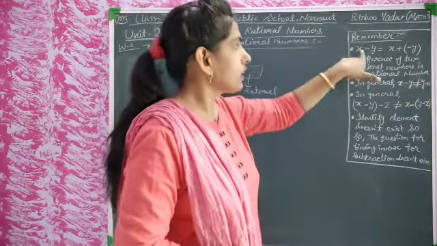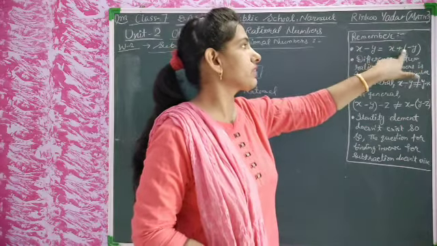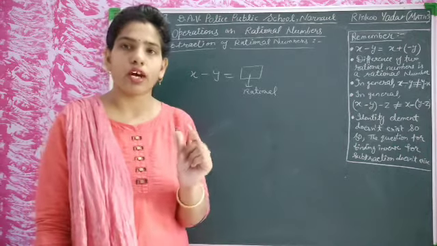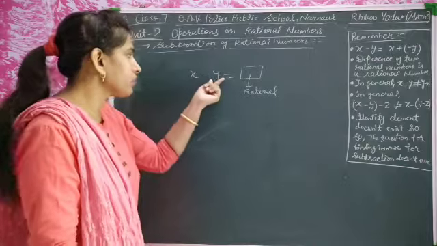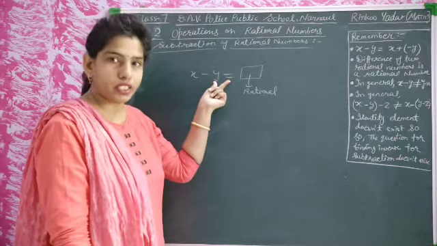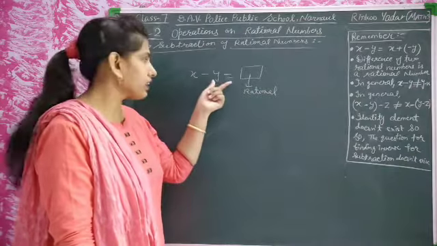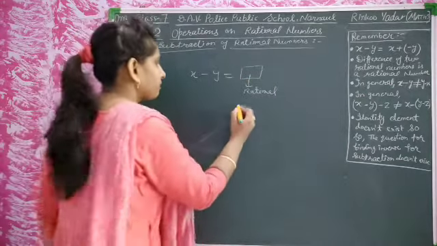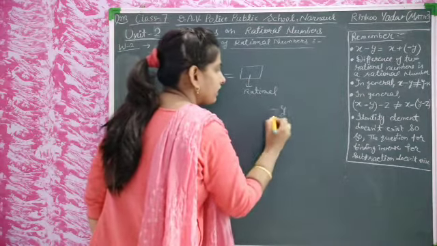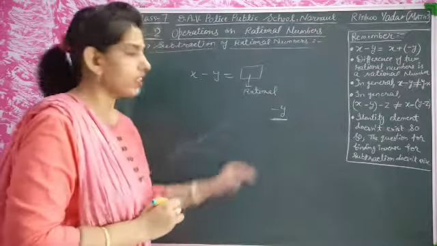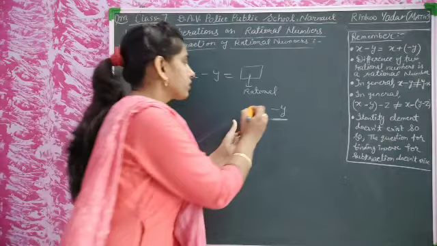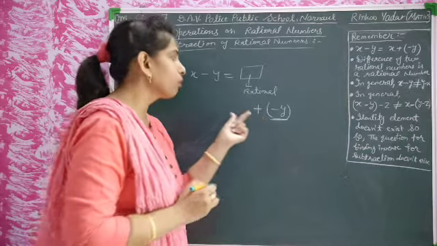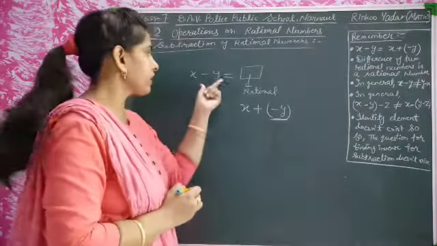x minus y is equal to x plus minus y. It means subtraction of y from x: any rational number y that we are subtracting from x means the addition of the additive inverse of y to x.